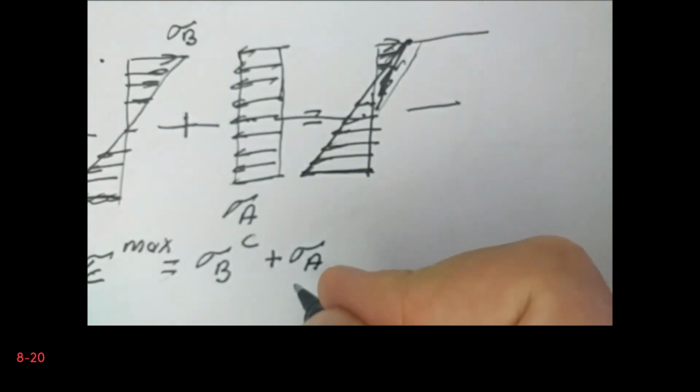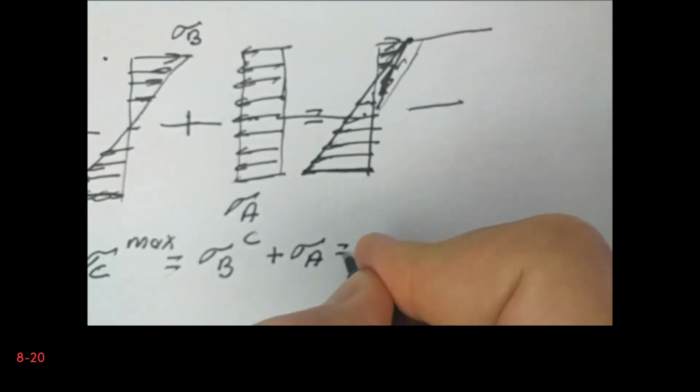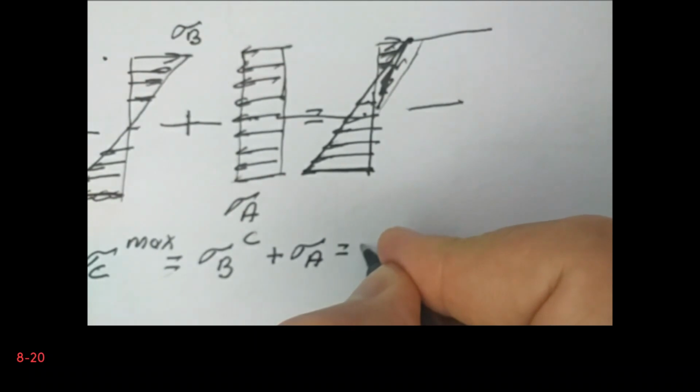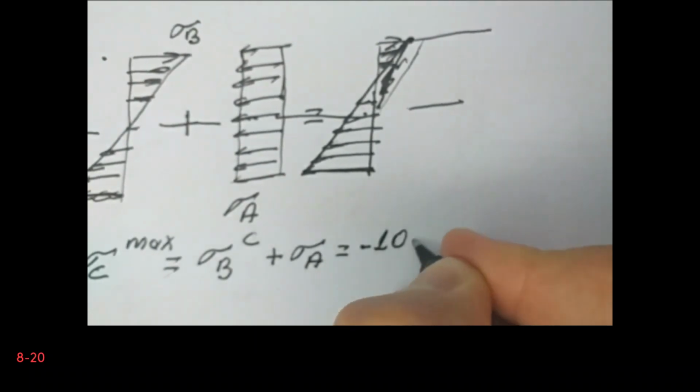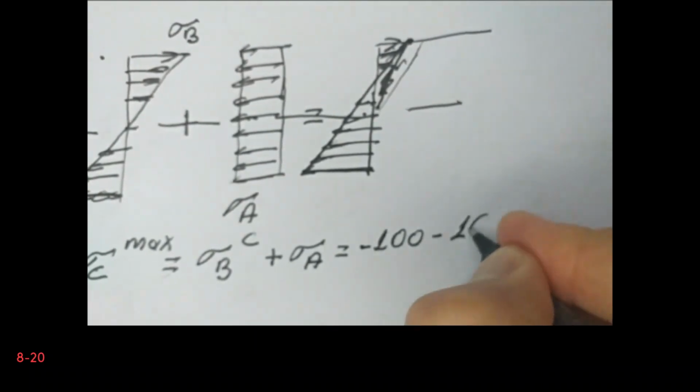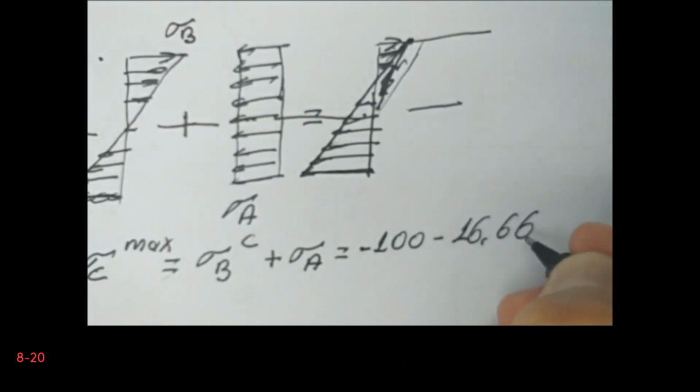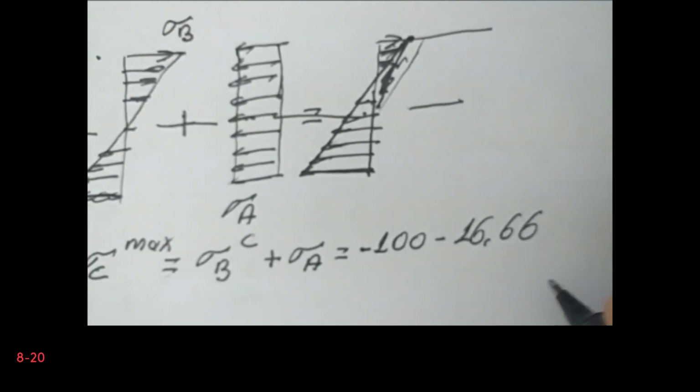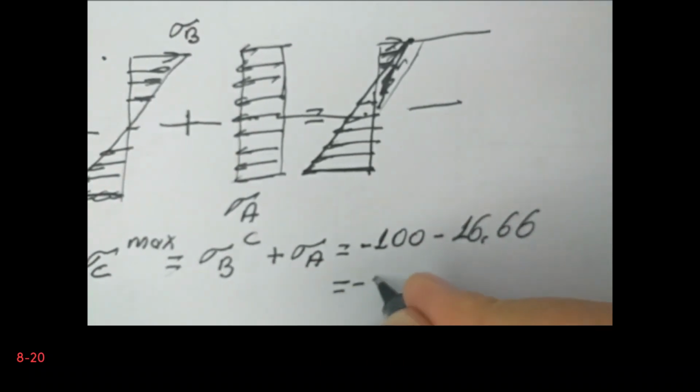So this is minus 100 minus 16.66, which makes minus 116.66 megapascals.